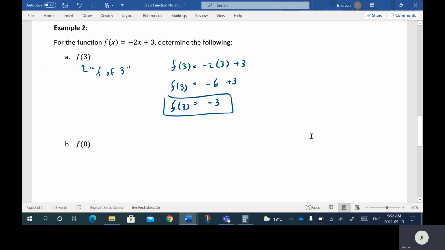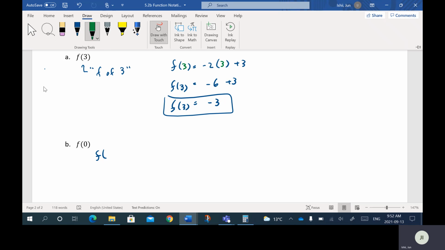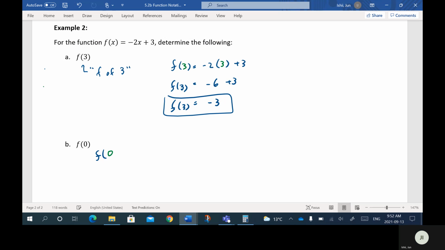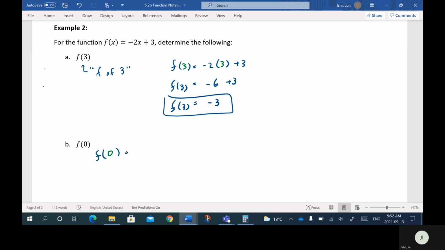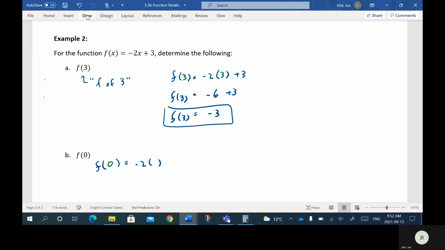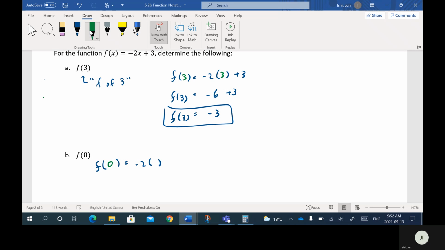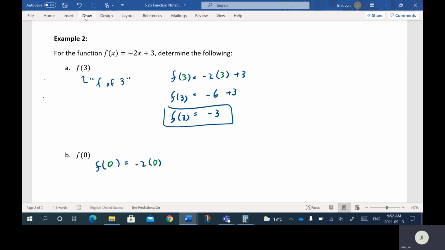All right, cool. Let's try the other one. Next one: f of 0 this time equals negative 2 times 0 plus 3.